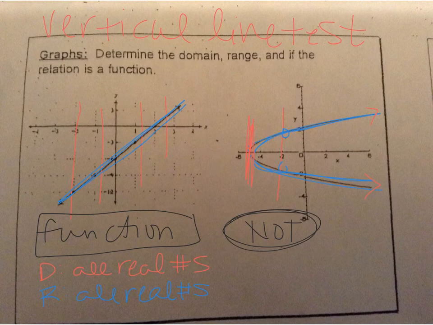So the domain is going to be x, and the x is going to have to be bigger or equal to -5, which we just did inequalities, so that should make sense. The range is going to get bigger and bigger up and down forever and ever. There's no restriction there, so this is all real numbers.